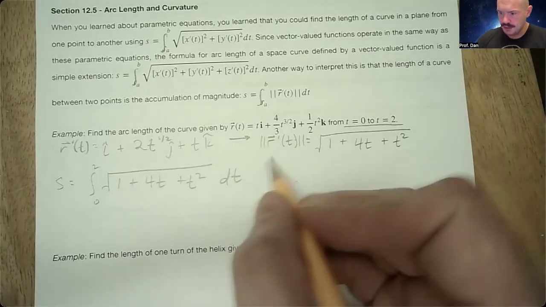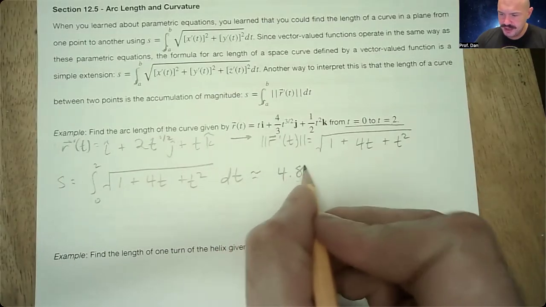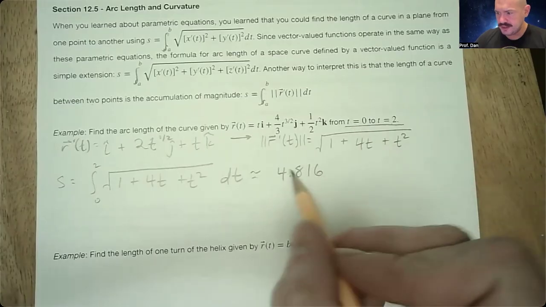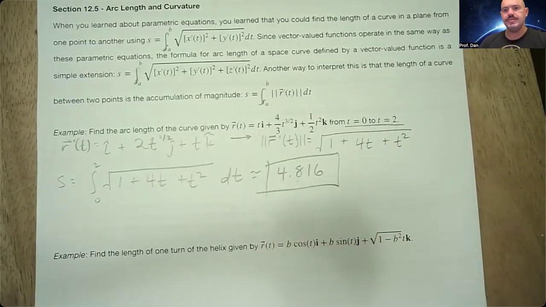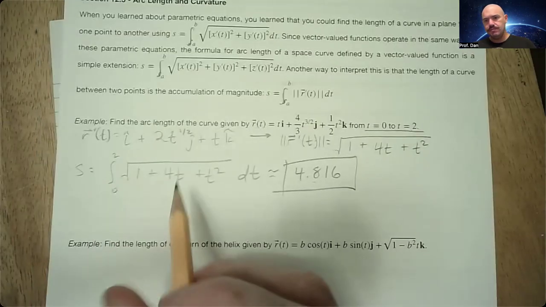All right. We end up getting that this is about 4.816 rounded to 3 decimal places. So that's the setup. Find your magnitude, take the integral of your magnitude from point A to point B, and la-di-da.